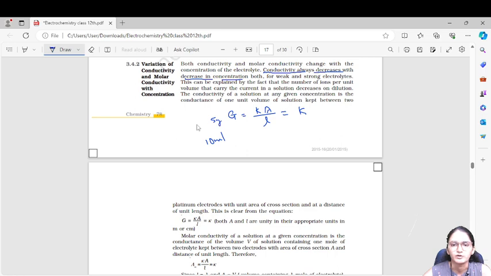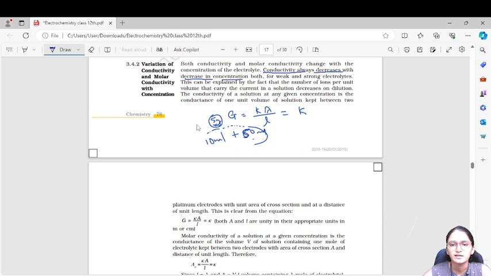And then after dissolving this salt, I add 50 ml of water. Now when I add 50 ml of water, the number of ions is not going to change, only the volume will change, right? So the number of ions per unit volume will decrease.